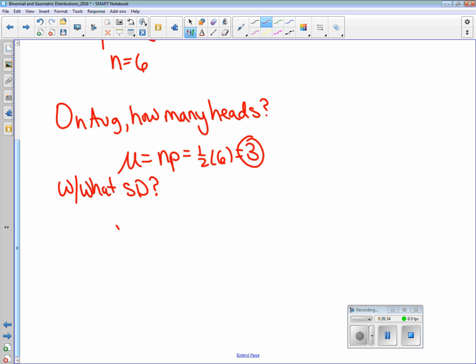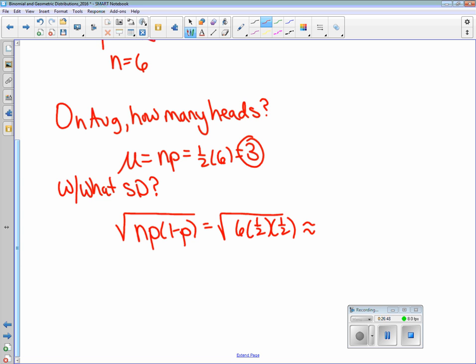So the standard deviation formula is the square root of NP times 1 minus P. So in this case, it's the square root of 6 times 1/2 times 1/2. And so that standard deviation is 1.225, because 1 minus 1/2 is also 1/2.